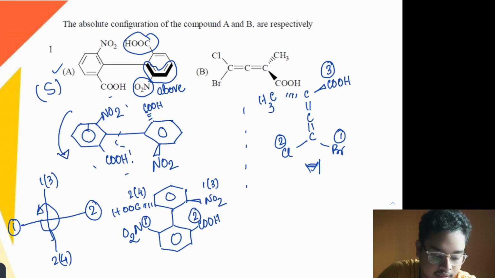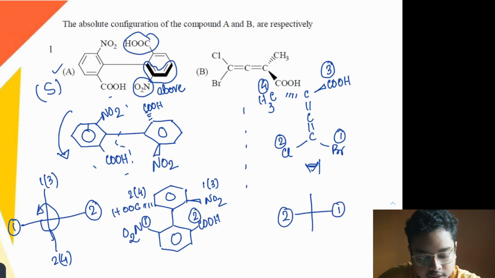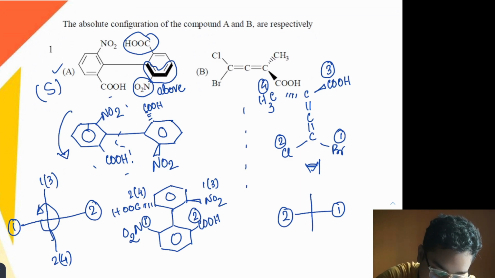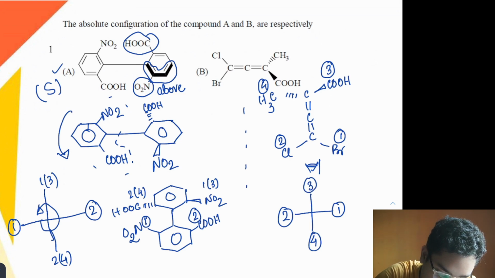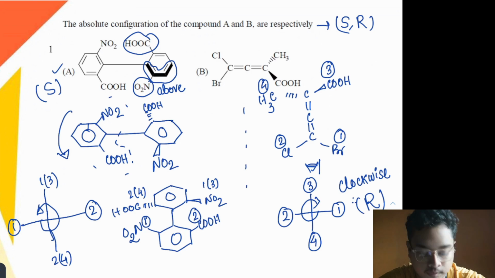It is 3, that is pseudo 3, so we write 3 here and this will be 4. Now in our Fischer projection, 1 will be here, 2 will be here. The away-from-the-observer, dashed bond group is present on the lower side, 3. So the rotation 1 to 3 is clockwise, hence it is an R configuration. So the answer will be S, R. We have completed our first question.